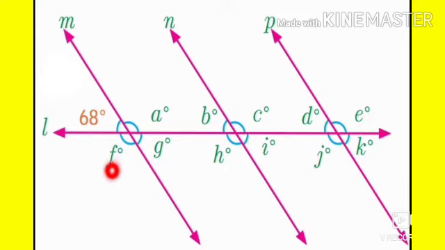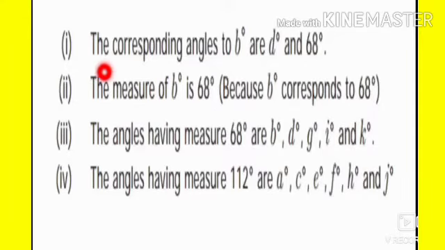So since F degree, H degree, J degree are 112 degree, the values of A degree, C degree and E degree are also 112 degree. So the angles having measure 112 degree are A degree, C degree, E degree, F degree, H degree and J degree.